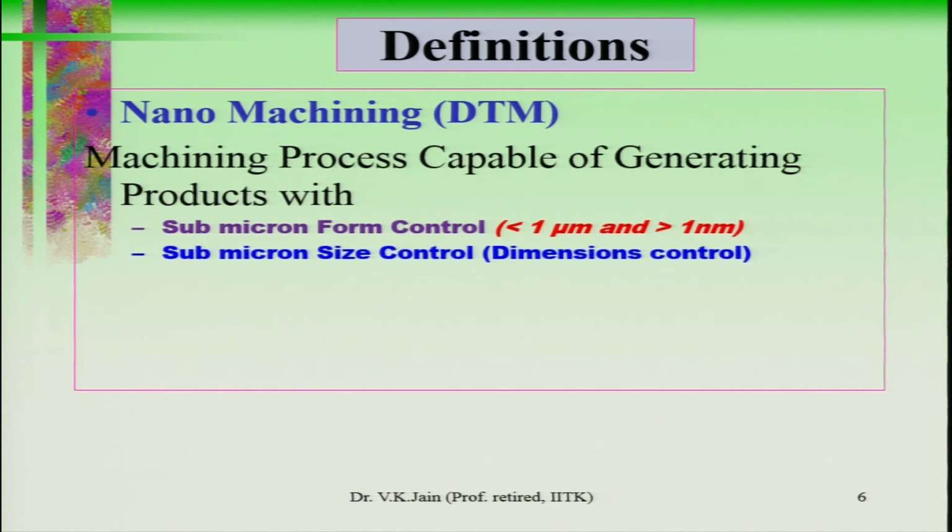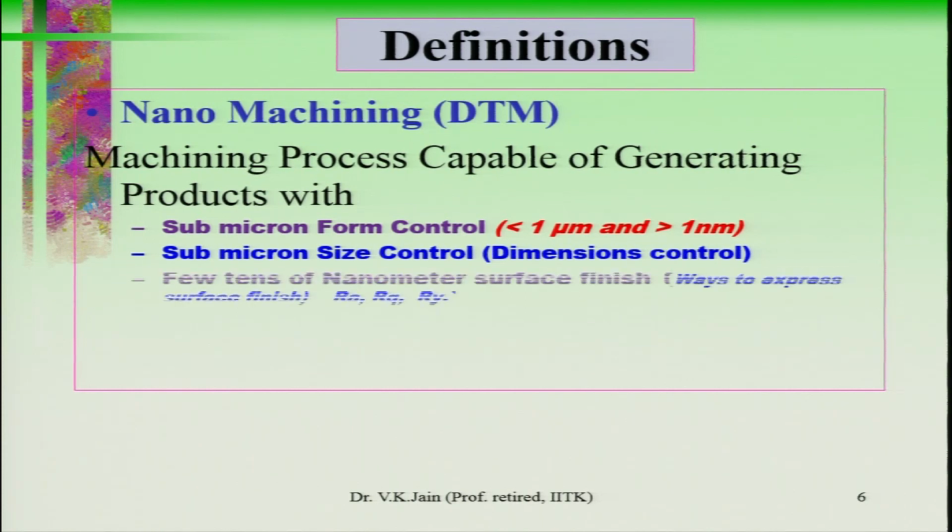You can have sub-micron size control on the dimensions, and a few tenths of a nanometer surface finish. This is very important because many applications, as we will see in this lecture, require surface finish of the product in nanometers or even sub nanometers, that is in terms of angstrom.